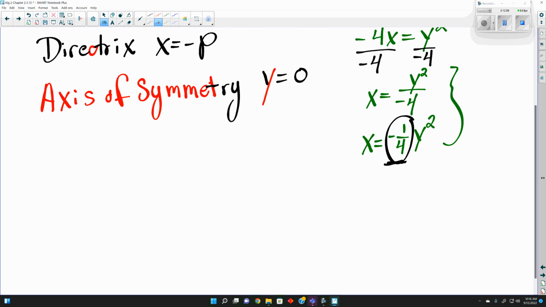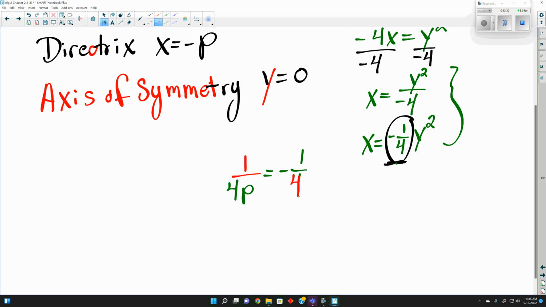Not just p, but 1 over 4p, yes? Because that's in the general equation and it matches up with negative 1/4. So we're saying that this here is equal to it, because all we're having to do is solve. We need to get it in that form to find out what is taking the place of 1 over 4p. We're going to set them equal to each other and solve. Questions on this here so far?